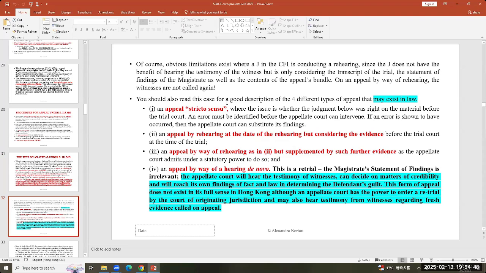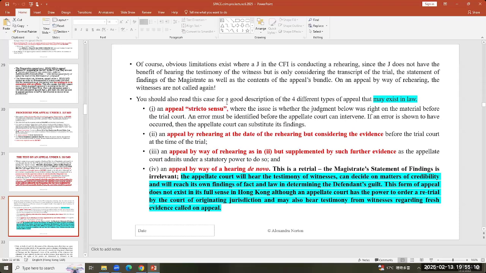Remember that when the CFI judge does a rehearing, he doesn't have the benefit of these witnesses testifying in person again. He's just relying on what they call depositions of those witnesses, the statements that were made at trial. But he doesn't actually get depositions.